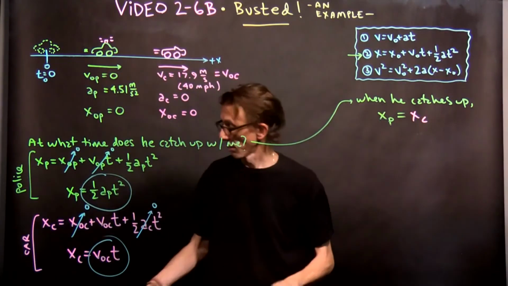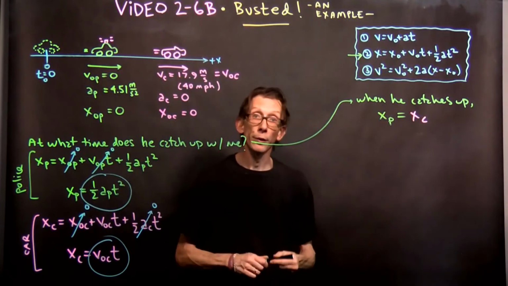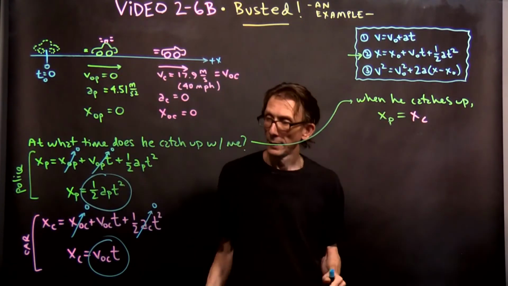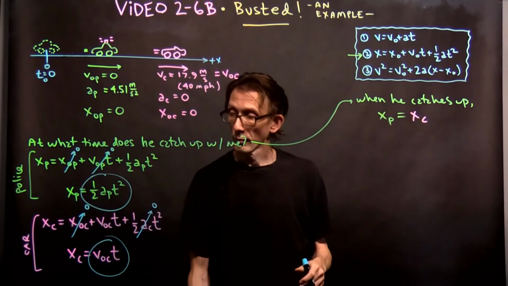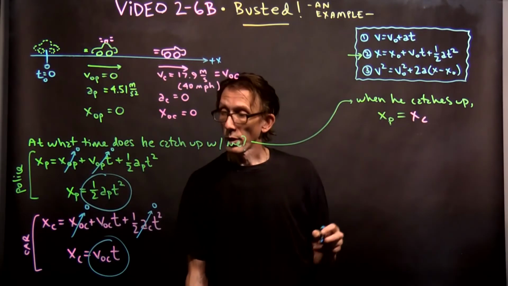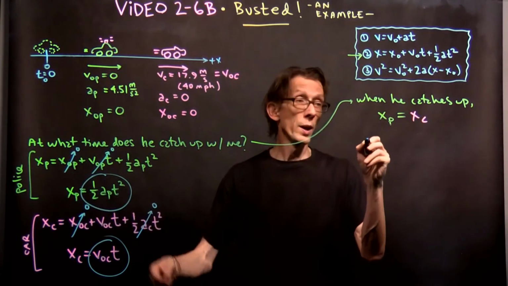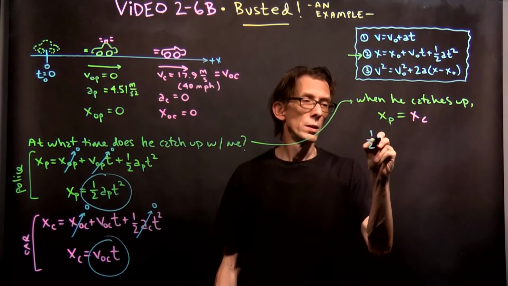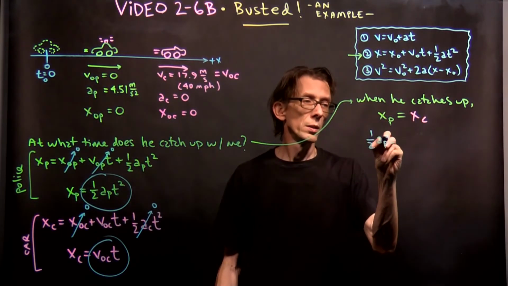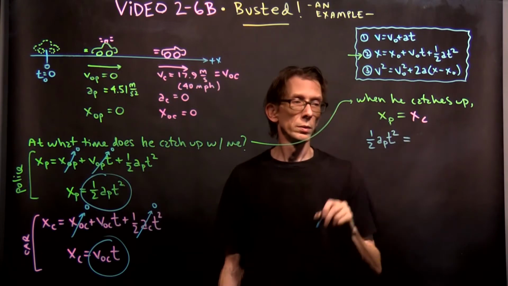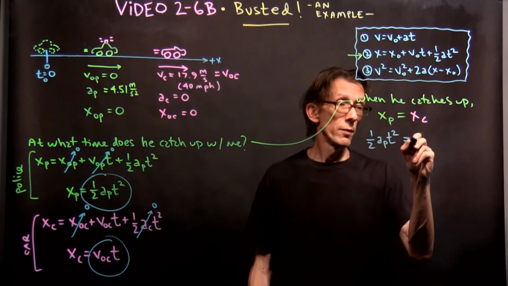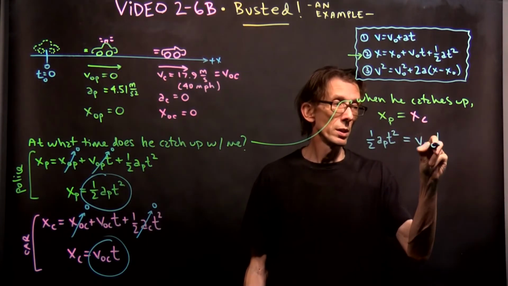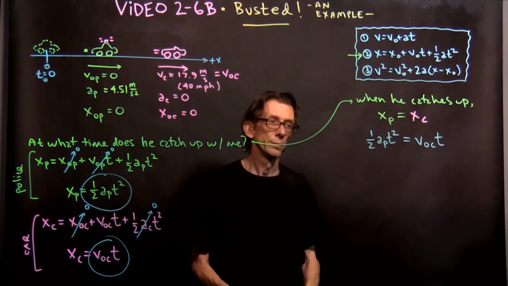Okay, I'm going to make this math blue now because I'm now blurring my two different colors together. So xp is 1/2 ap t squared, and then xc is v naught c t.